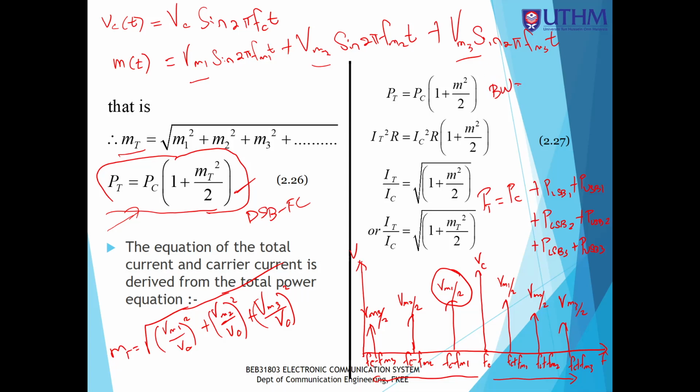The bandwidth is equal to 2 times FM3, where FM3 is the furthest away, the highest input message frequency.